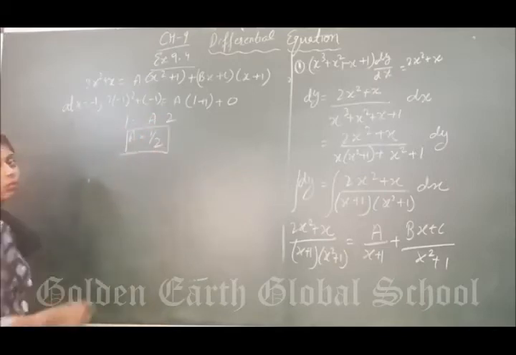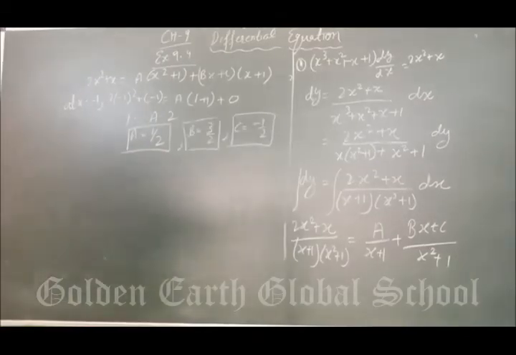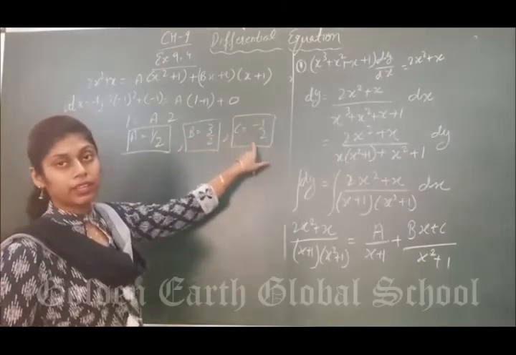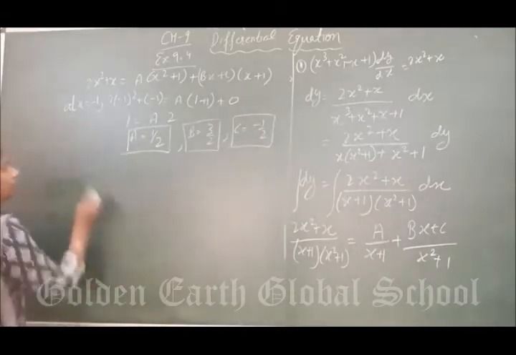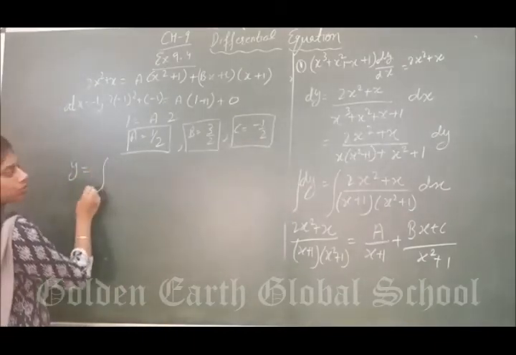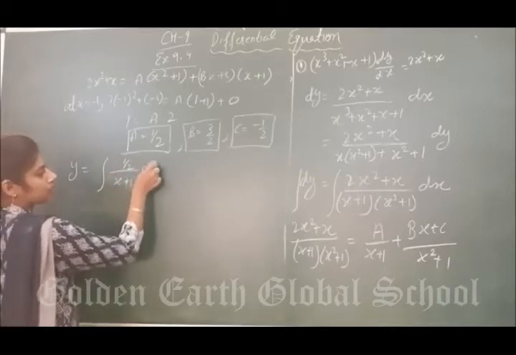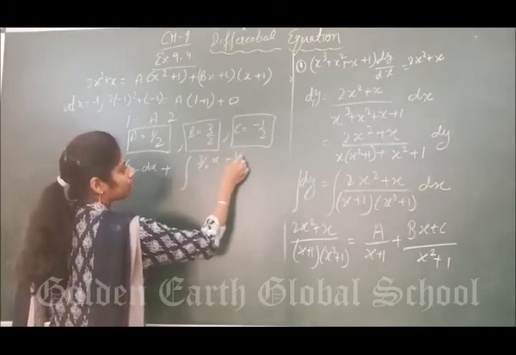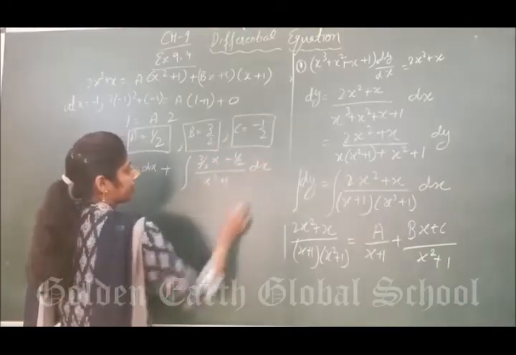Similarly, we will find the B and C terms. Now on simplification we get B as 3 by 2 and C as minus 1 by 2. So our integration will become y equals integral of (1/2) upon x + 1 dx plus integral of ((3/2)x minus 1/2) upon x² + 1 dx.